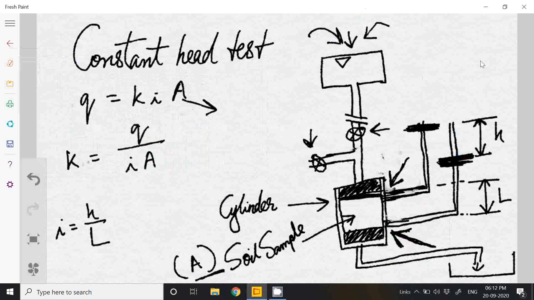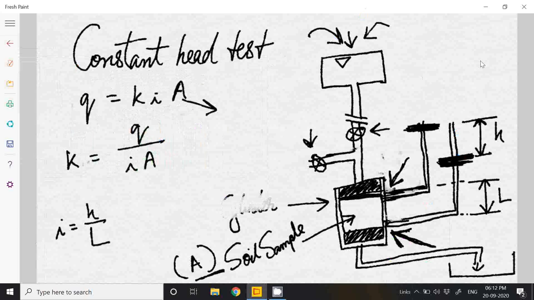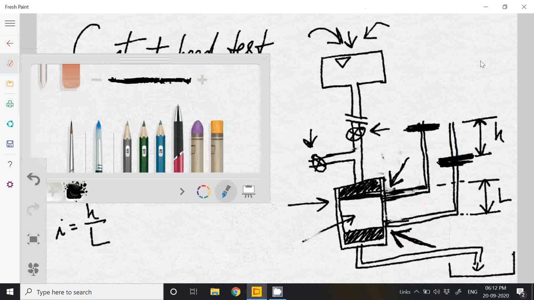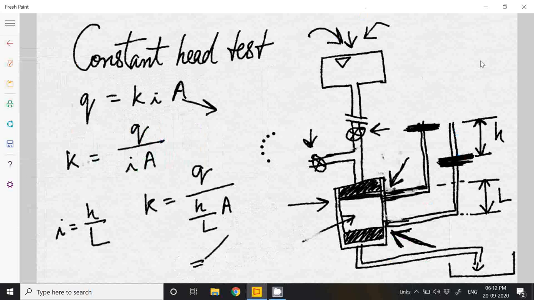So let me find out some space here. K is equal to Q into L by H A, isn't it?